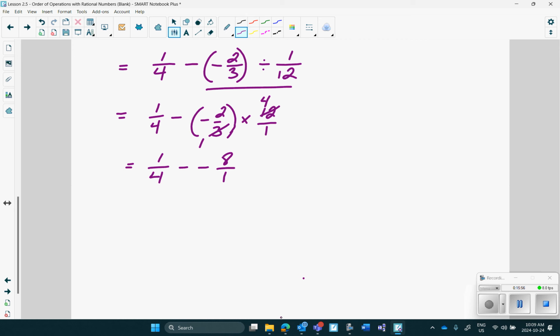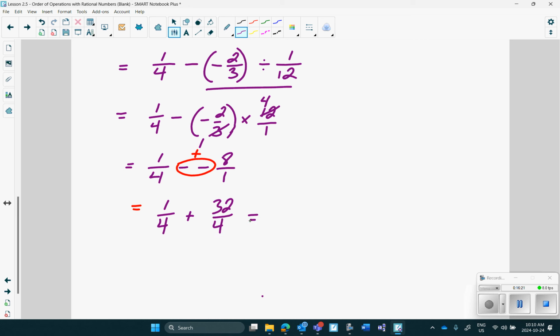Because when I add these two, because two minuses make an addition, I need common denominators. So what's the lowest common denominator of 4 and 1? 4. Plus 32 over 4.